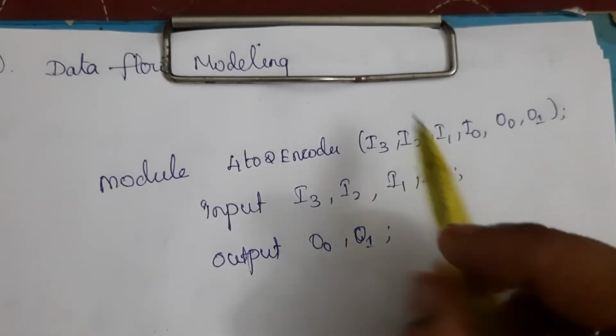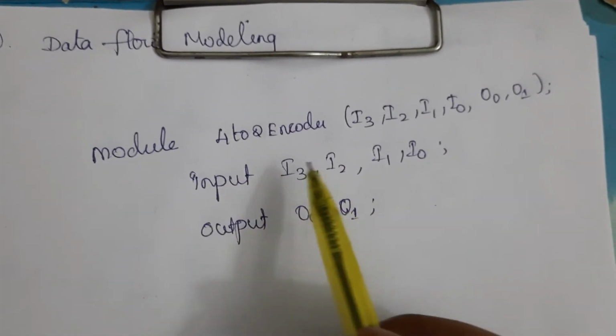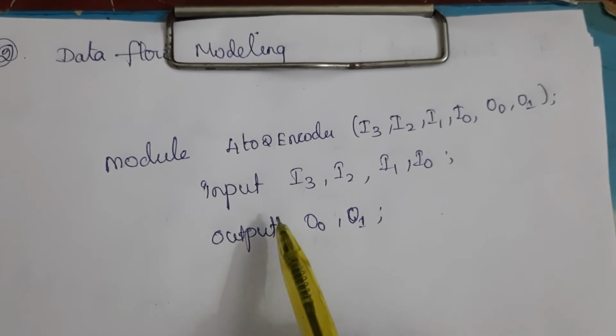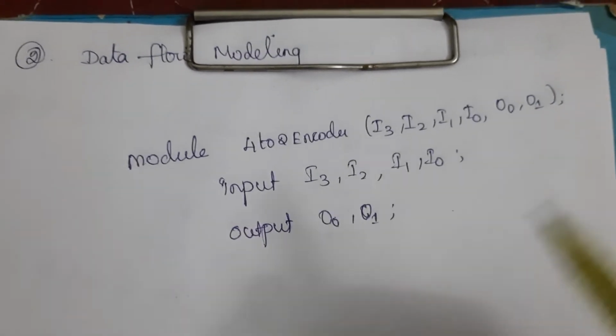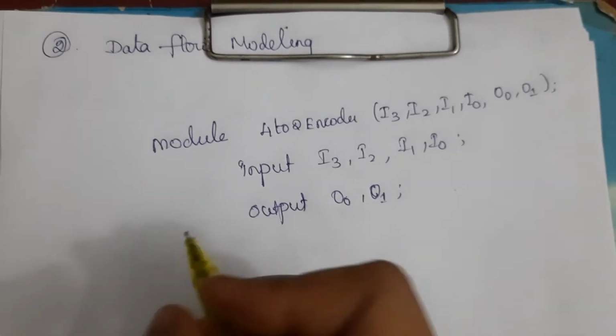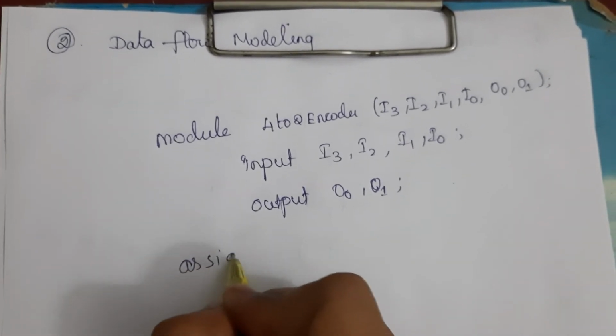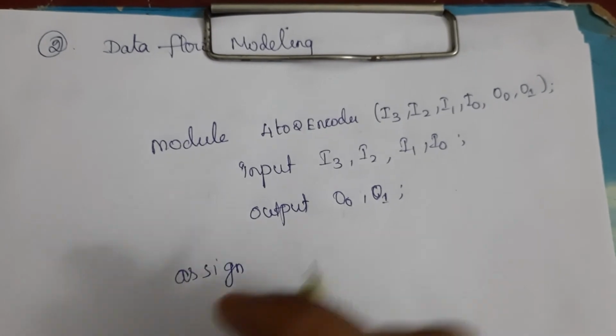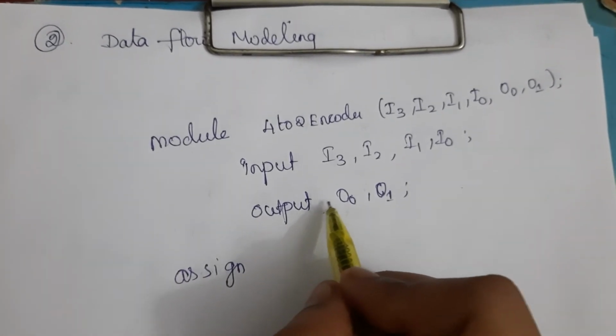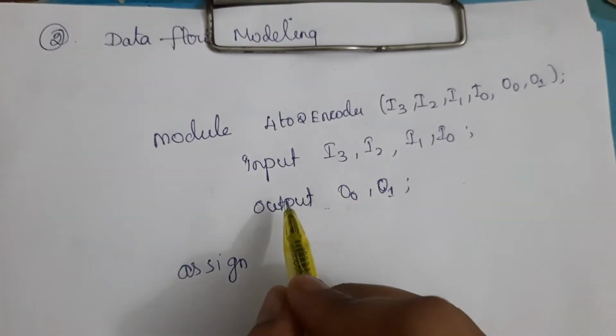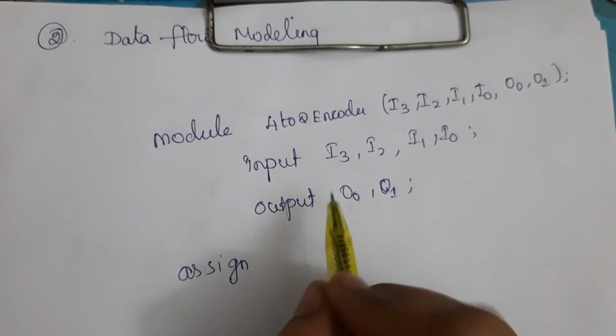So next one is data flow modeling. Here, in the same way, we define the module, input and output ports. After that we use the assign keyword for data flow modeling. So assign is the keyword in data flow modeling, and there is no need to declare the output as a register; we just declare it as output.